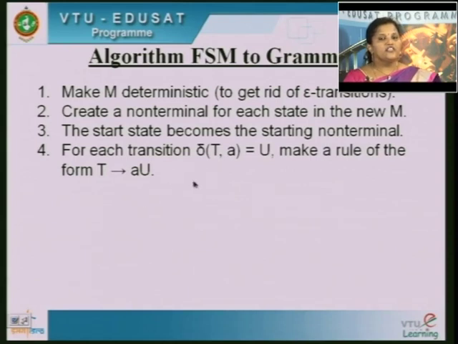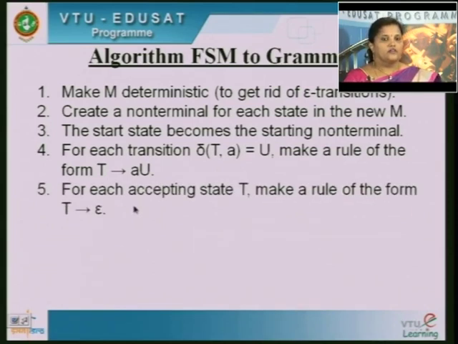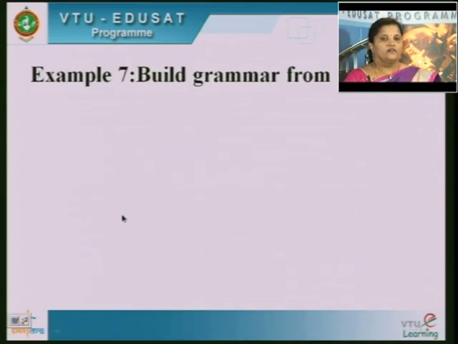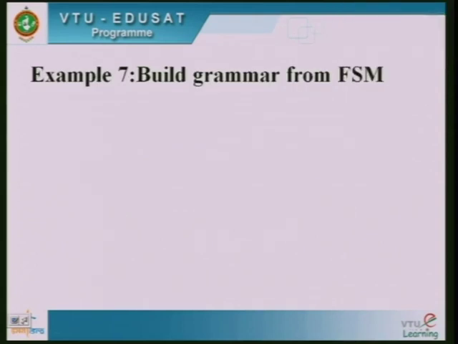For each transition delta of (T, a) equals U, make a rule of the form T derives aU. And for each accepting state make a rule of the form T derives epsilon. Let us see an example of building the grammar from an FSM.